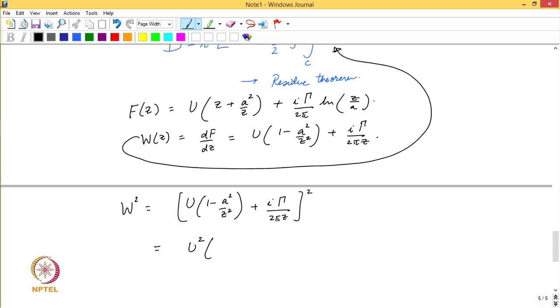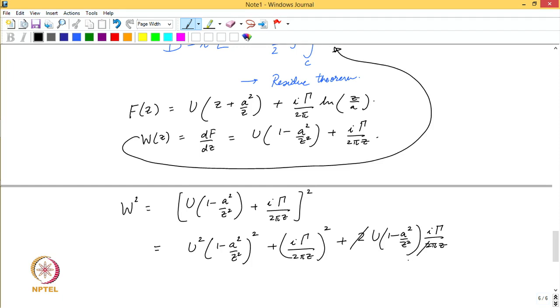We will get u square times 1 minus a square by z square, squared, plus iota gamma by 2 pi z, squared, plus 2 times u times 1 minus a square by z square times iota gamma by 2 pi z. We can expand these terms a little further.